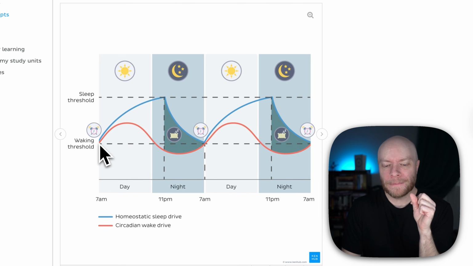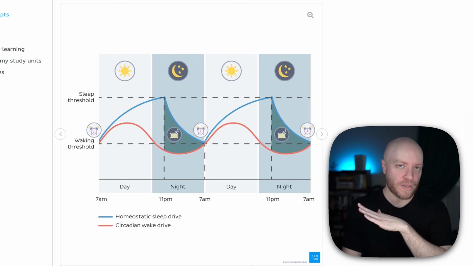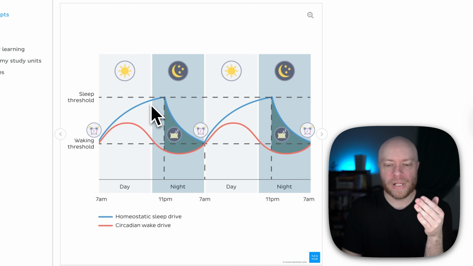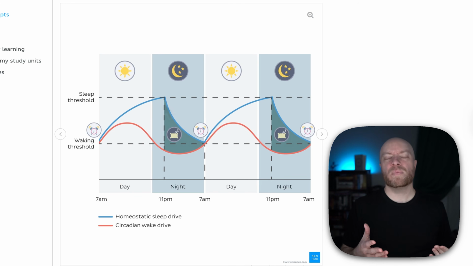But what's happening here is this homeostatic sleep drive is increasing, and eventually you're going to get to this point where the adenosine buildup is just massive, and there's other factors at play here, and you're going to cross what's called the sleep threshold. And this is usually around whenever you typically go to bed.